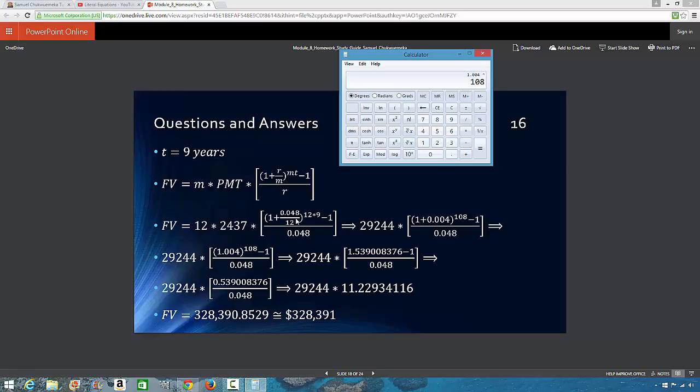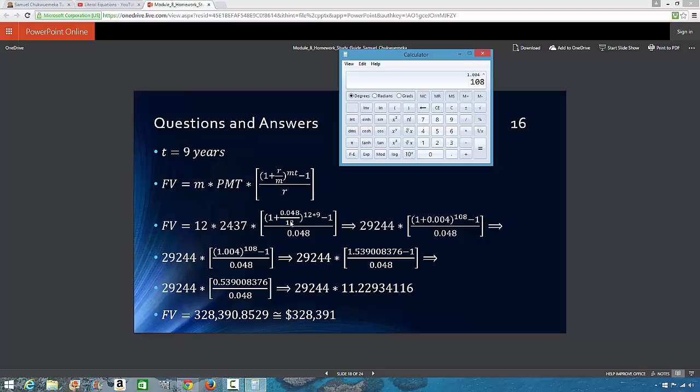Because if you do 1.004 exponent 12 times 9, it will do it as 1.004 exponent 12, then whatever you get, then times 9.